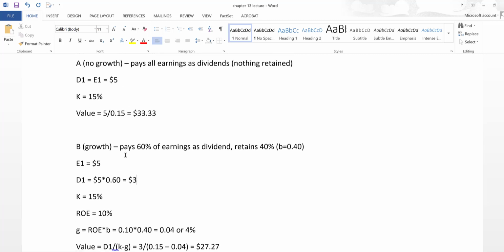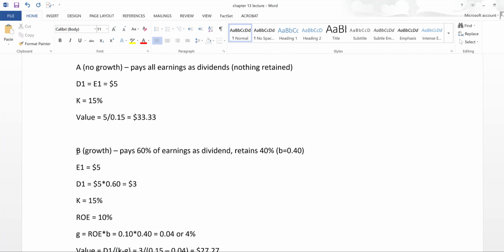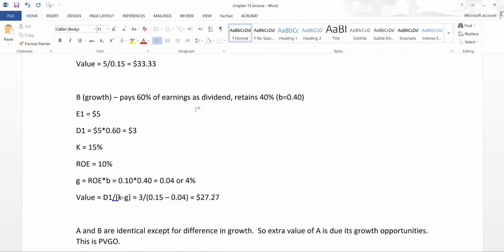So think about that. What that means is that had this firm B, instead of retaining 40%, paid out all of its earnings as dividends, then it would have become like firm A. Its value would have been 33.33. But in this case, by retaining part of the earnings, it's actually destroying value. It would be better off, or it would generate more value for the shareholders, if it paid out all of its earnings as dividends and did not pursue these growth opportunities.